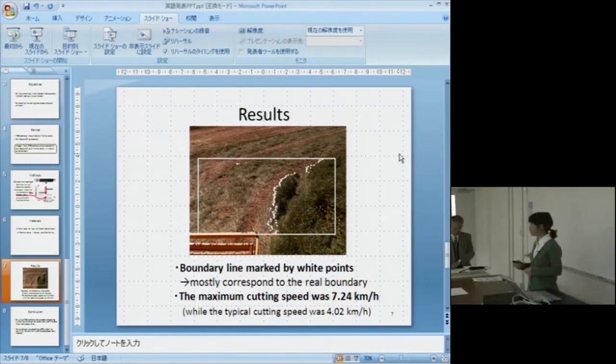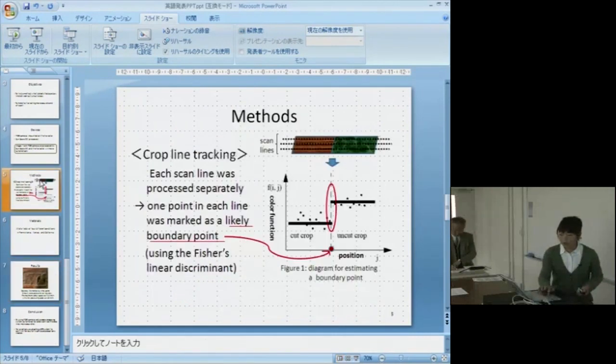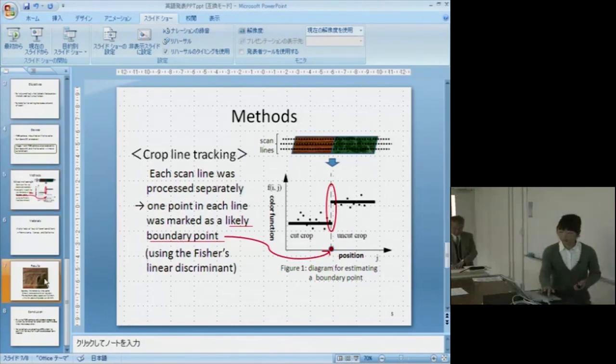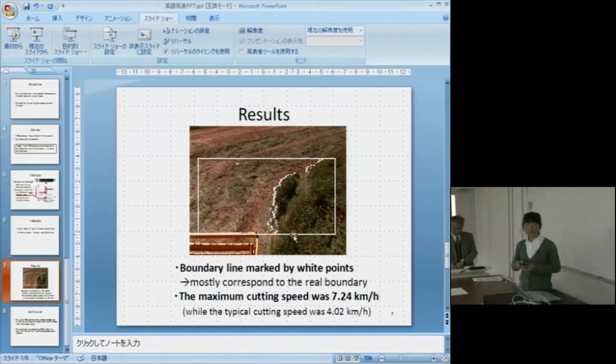After processing, as shown in this slide, 1 point per line is marked as a likely boundary point, and after processing all lines in this area, the boundary points form one line.